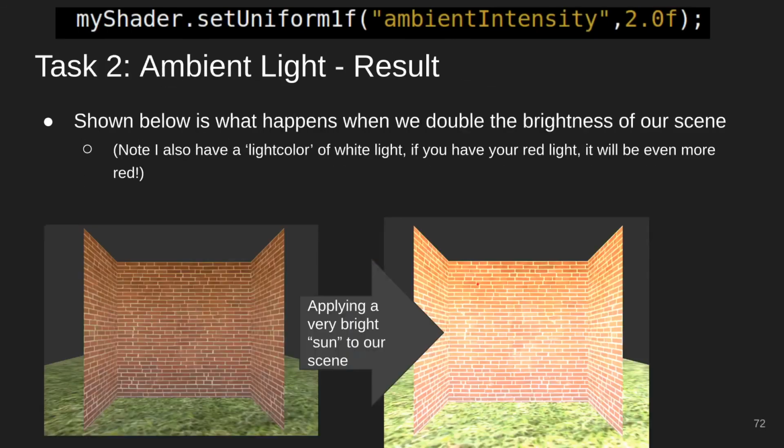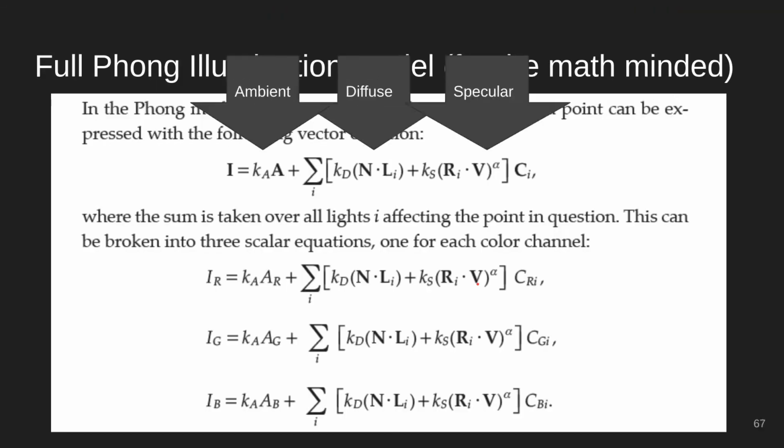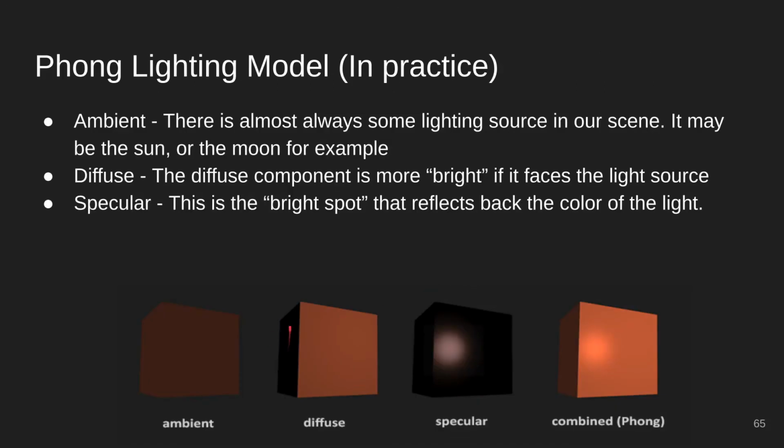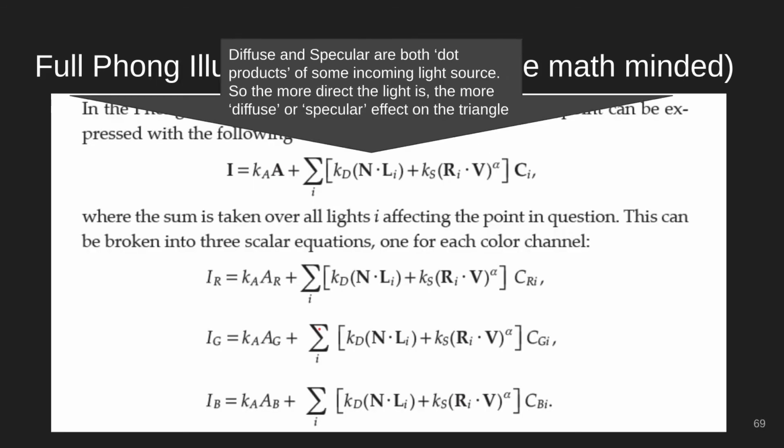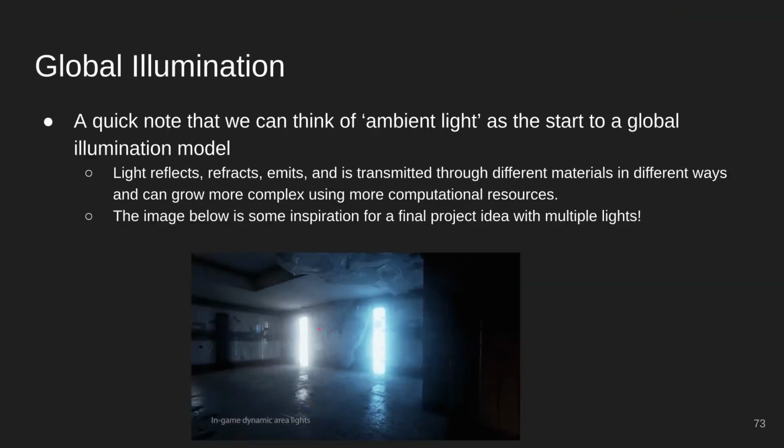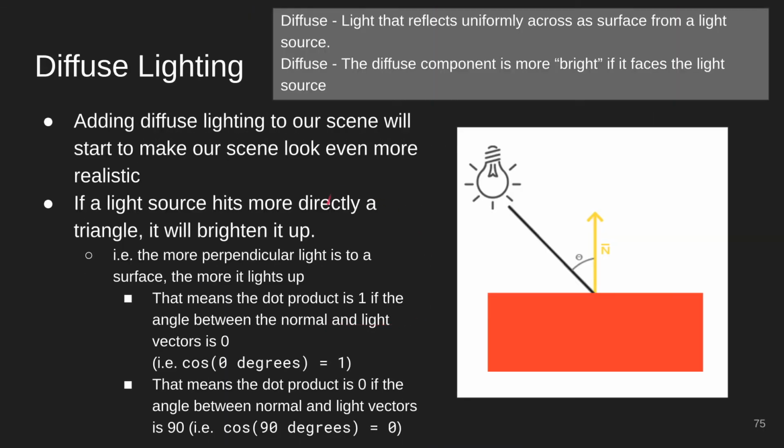Let me show another illustration here. This face, or these triangles, aren't going to be lit up in the same way that these ones are. So it gives us that nice effect to create more realism in our scenes. This depends on the angle, or the dot product, really, of the normal of a face and the direction of the light. It's just that dot product.